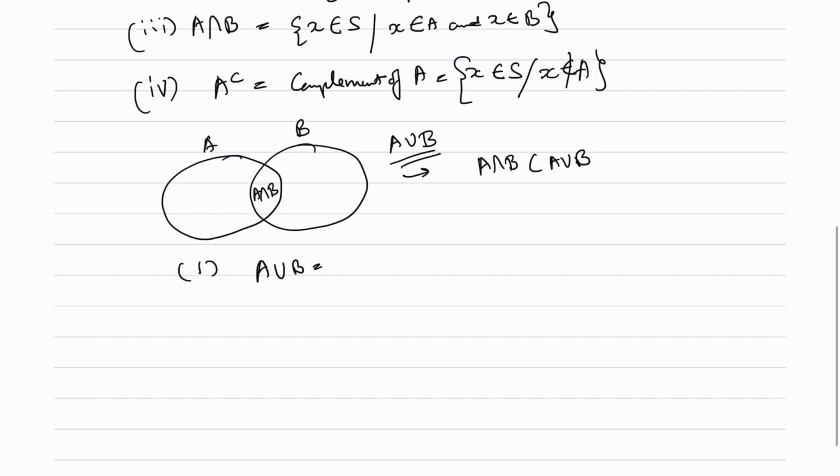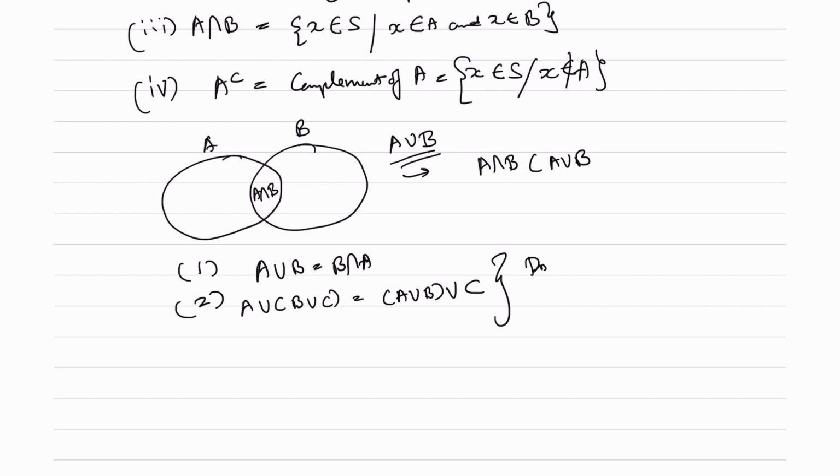A union B is nothing but B union A. You can also write A union (B union C) as (A union B) union C. There are also the distributive laws, and there's something called De Morgan's law.